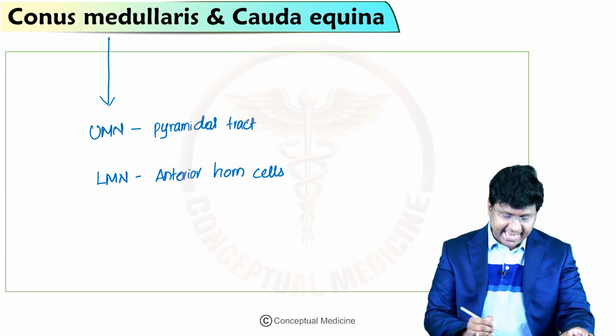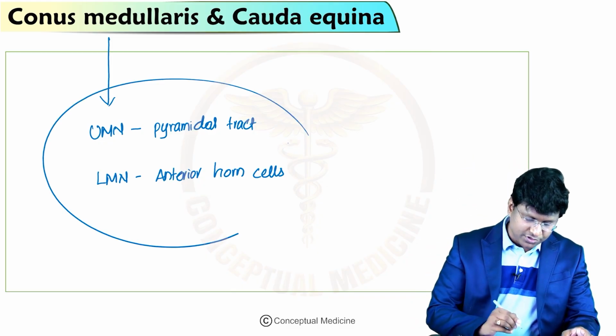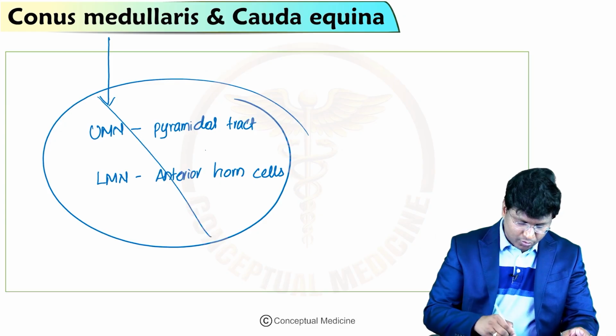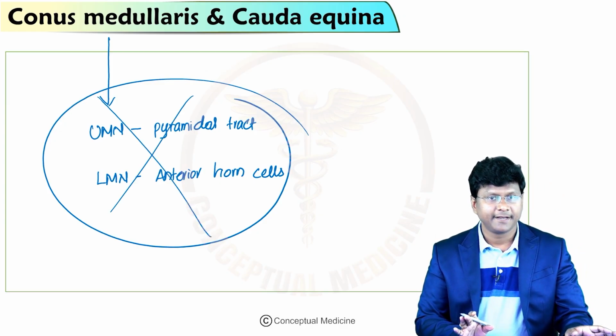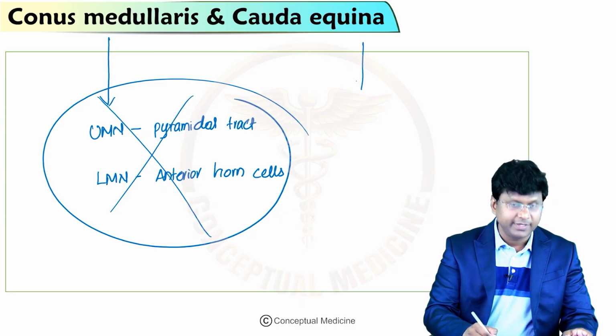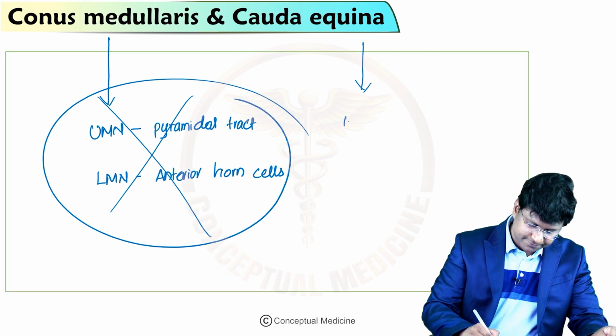So, in case of conus medullaris syndrome, both your lower motor neuron and upper motor neuron features will be there. Both are gone. Whereas cauda equina is made up of the nerve roots.